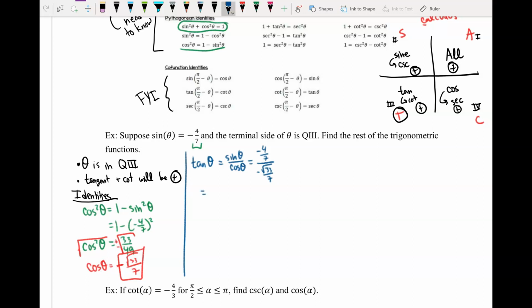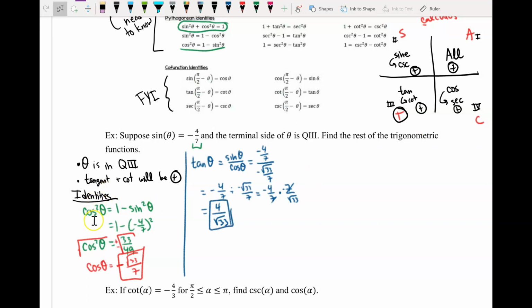So this is just going to give me negative 4 over 7 divided by negative square root of 33 over 7, which gives me negative 4 over 7 times 7 over square root of 33, negative. 7's go away, so I'm left with 4 over square root of 33. And you can rationalize this as well.